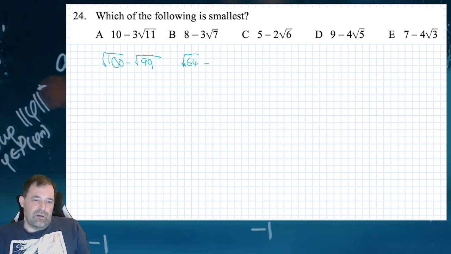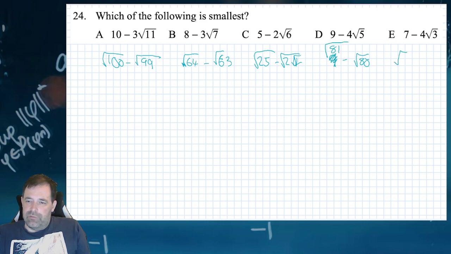Yeah, I think this is going to work for all of them, isn't it? 64 take root 63. 25 take root 24. 4 take root 3. 9 take root 8. 81 take root 80. Now root 49 take root 48. Which one of these is the smallest? If you take these away, you don't get root 1. Root 1 is not going to be the answer to these.